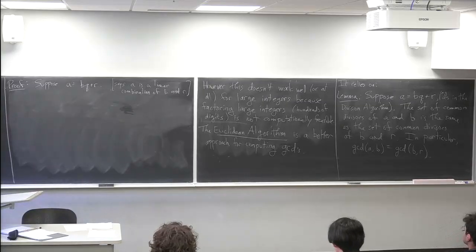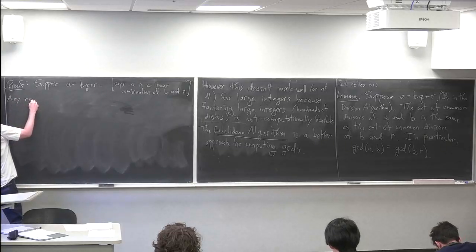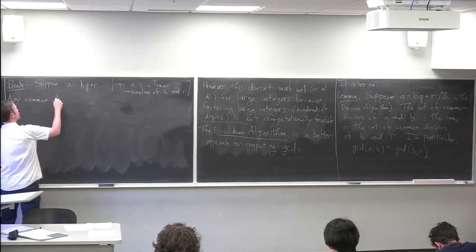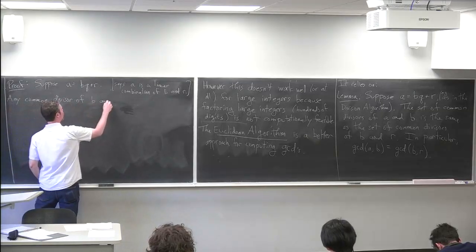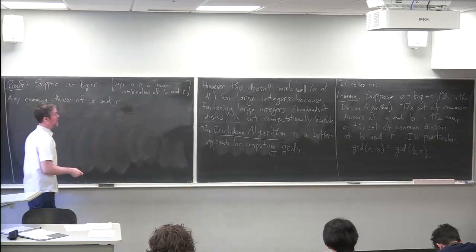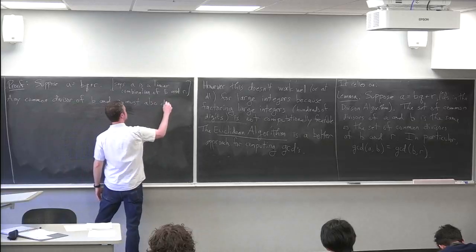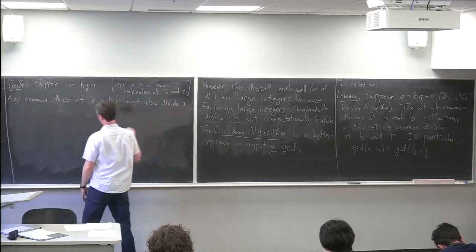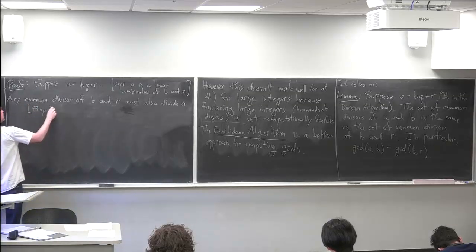So what this means then is that any common divisor of B and R must also divide A. Okay, and so there was a formal proposition we had, which I think was 2.3 or something.